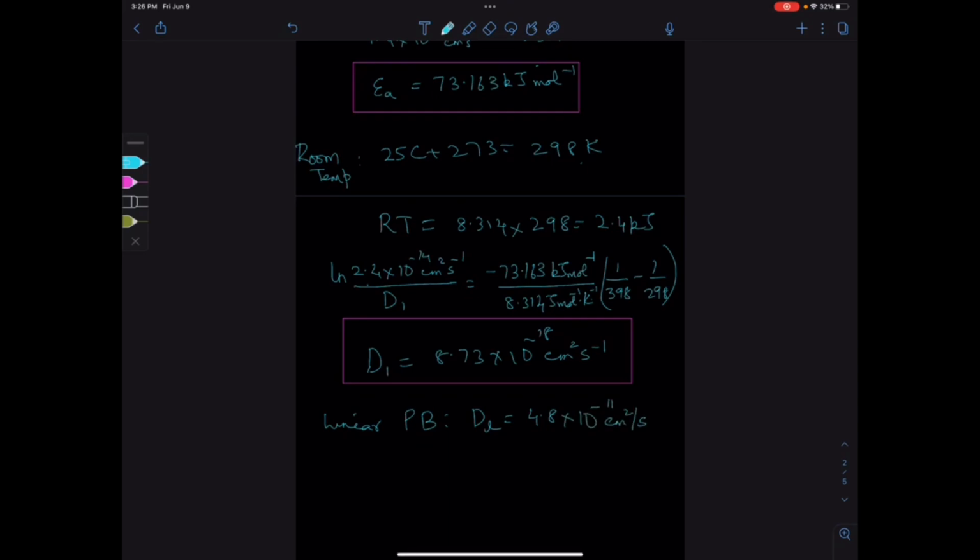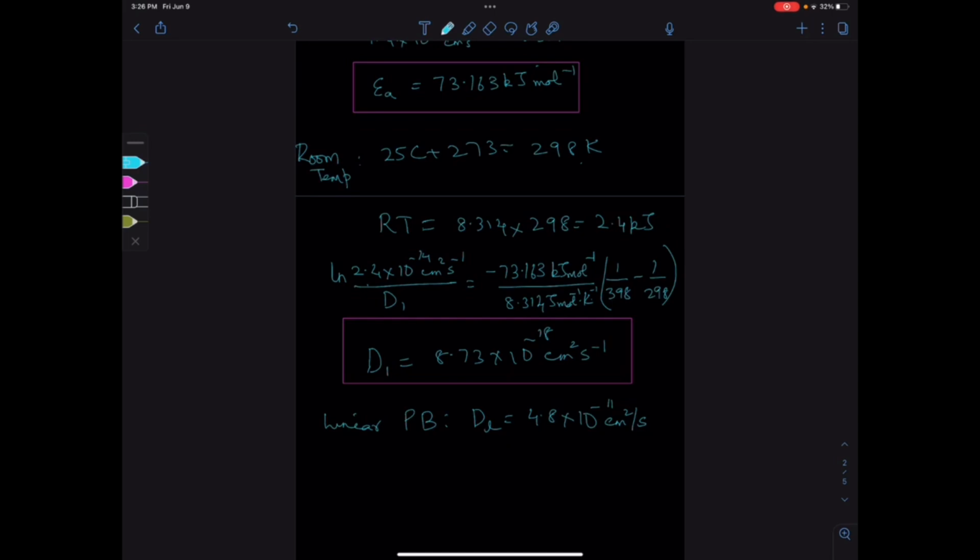Since the molecular weight of the linear polymer is almost the same, it's 7.3 times 10 to the power 4 grams per mole, which is almost the same as the three-armed polybutadiene, which is 7.5 times 10 to the power 4 grams per mole. And both are at the same temperature, which is 125 degrees centigrade.